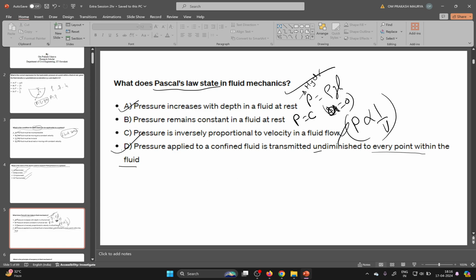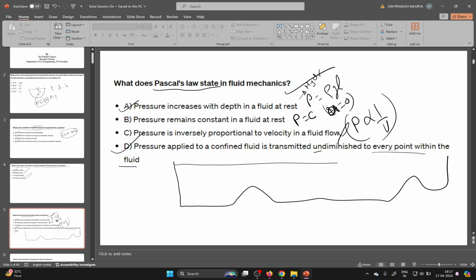Whatever the pressure applied on a fluid, it will be transmitted to every point within the fluid. It means what? Actually, let's suppose such a type of body is there, and let's suppose it is confined.